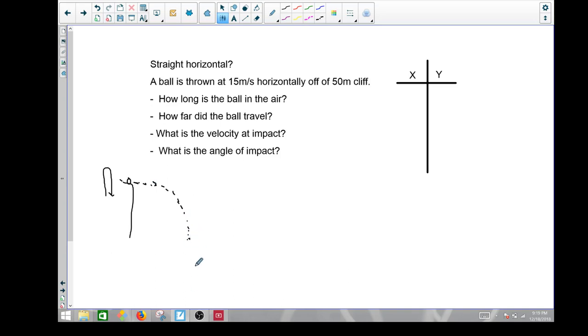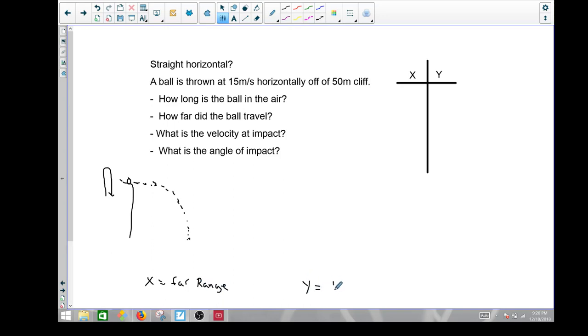Now, a couple things I want to note about this. One, keep in mind that the x component controls how far you move horizontally. That's what the x velocity controls. How far, and we often call this range. And the y component controls two things.